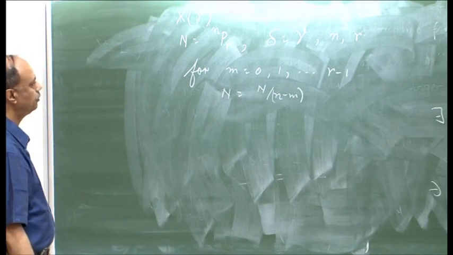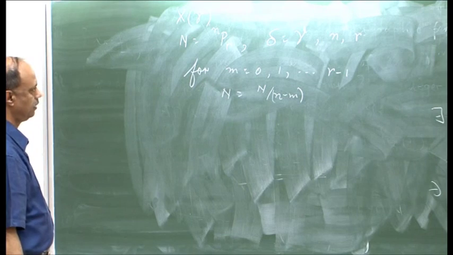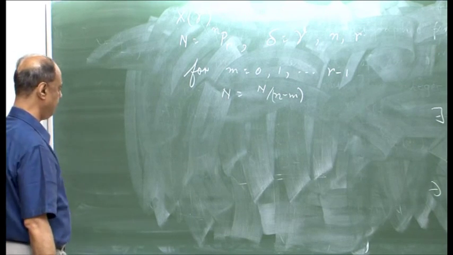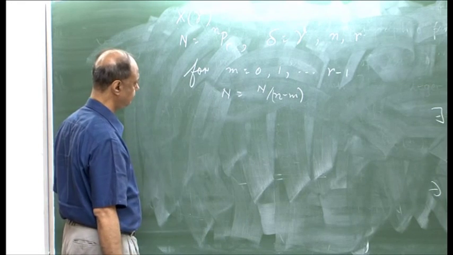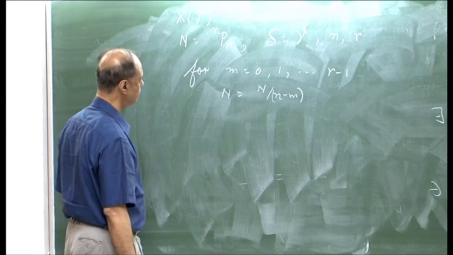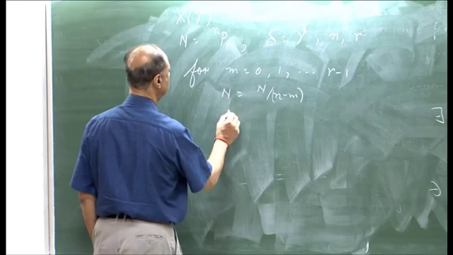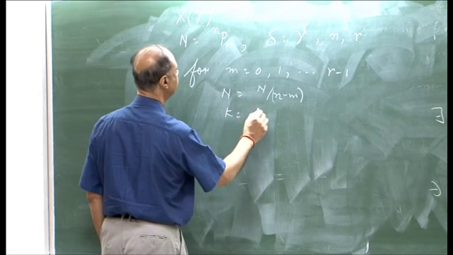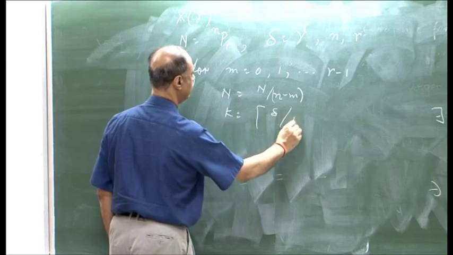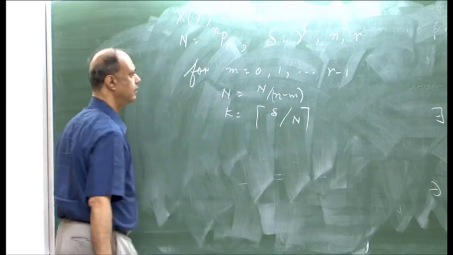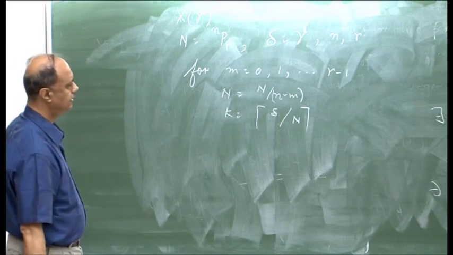So that will give you n minus m, p, r minus 1, r minus p, r minus n. Now K is nothing but delta by N, right? Yes.